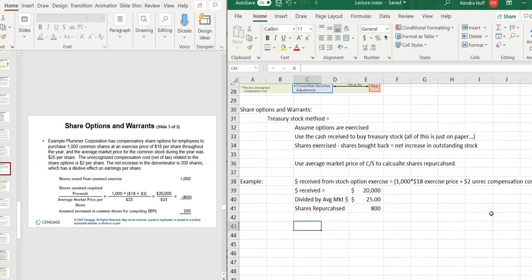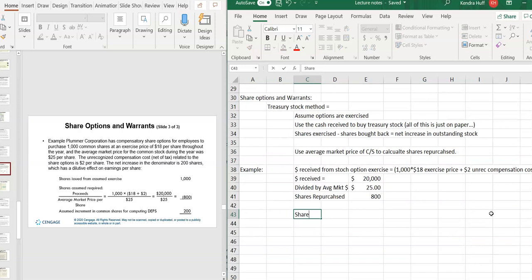All right. So shares exercised was 1,000 less shares repurchased. So this is an increase.